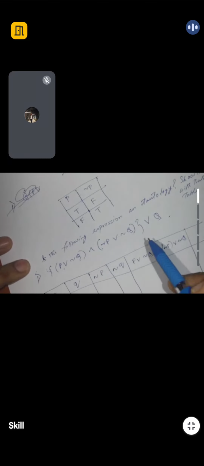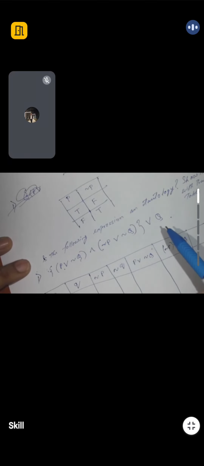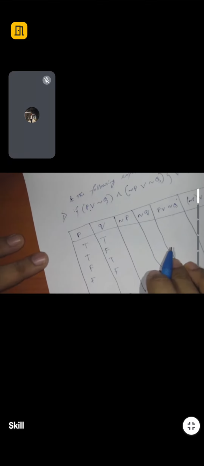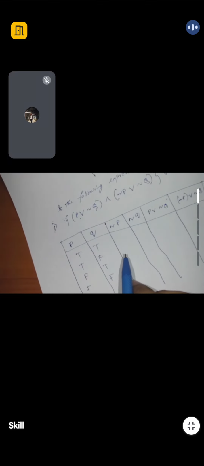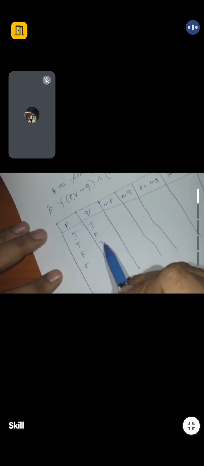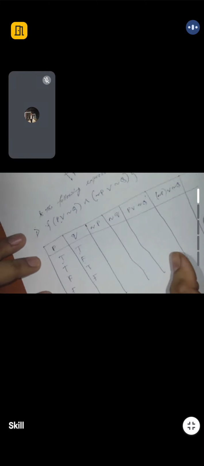So we have to find out whether this expression is a tautology. Let's see this P and Q. These are the inputs: true true, true false, false true, and false false. These are the only possible combinations.